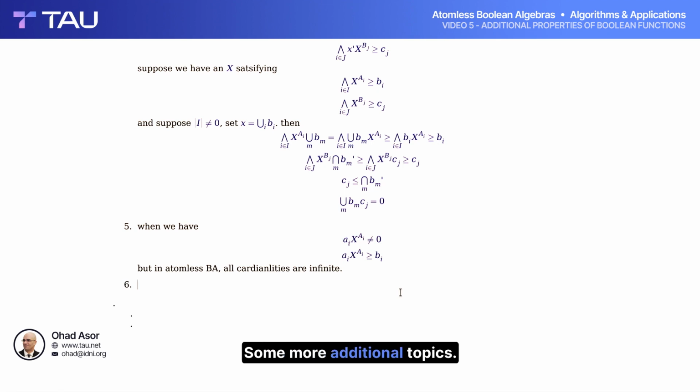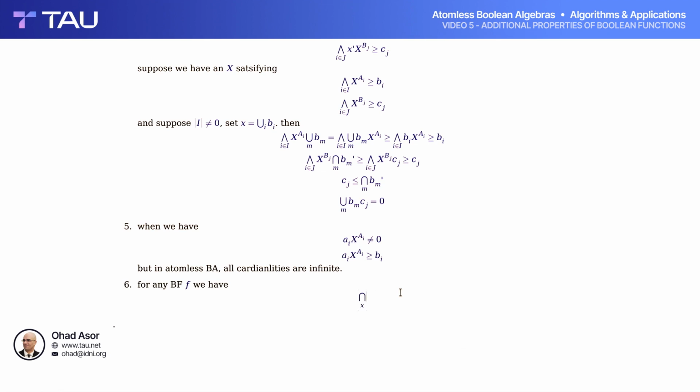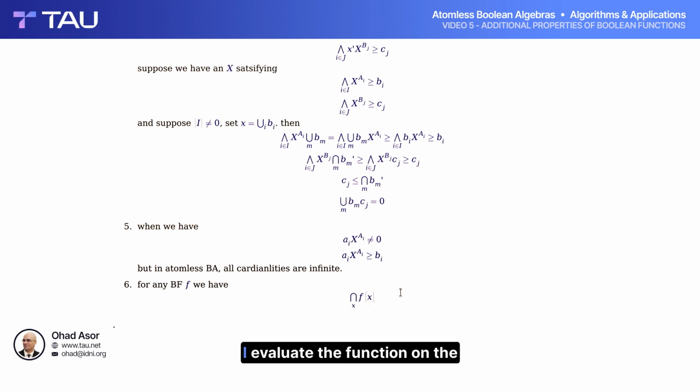Some more additional topics just to get a little more practice with Boolean functions. Let me show you some nice properties of Boolean functions. For any Boolean function f, univariate in this case, let's take the conjunction over all x in the Boolean algebra of f(x). I evaluate the function on the whole Boolean algebra and I take the intersection. So what does it equal?